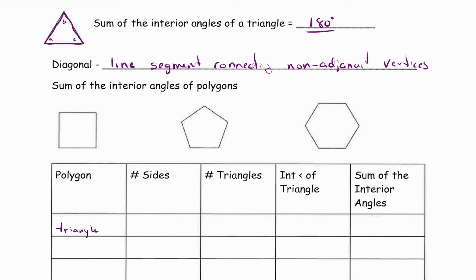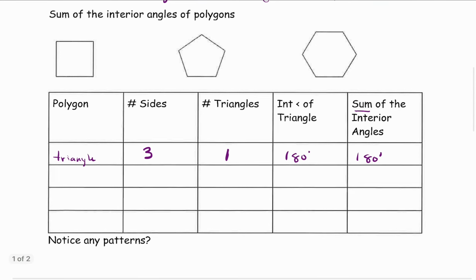So we have a triangle that has three sides, and there's only one triangle here. And we already know that the interior angles of a triangle are 180 degrees. So if we take the sum of all of those angles, that's going to be 180. Okay, triangles are pretty easy.